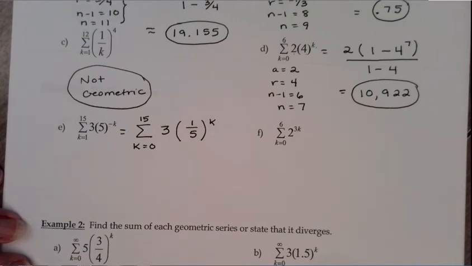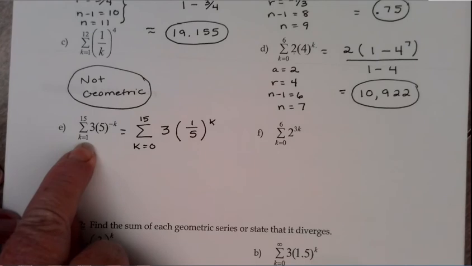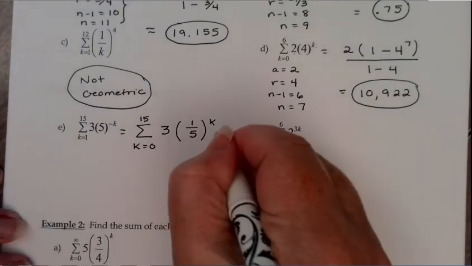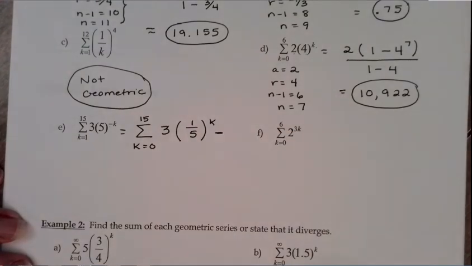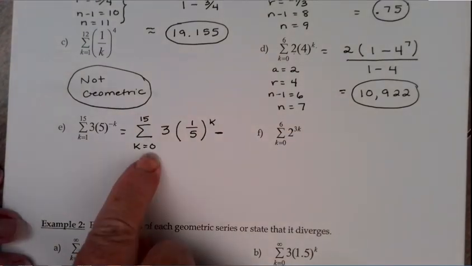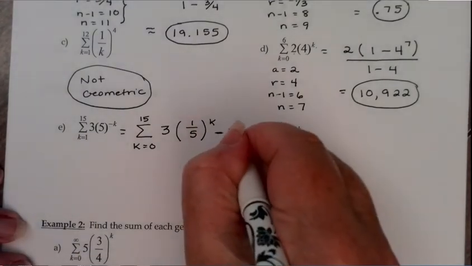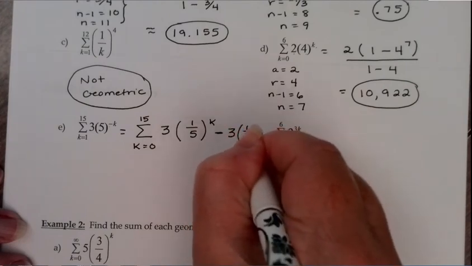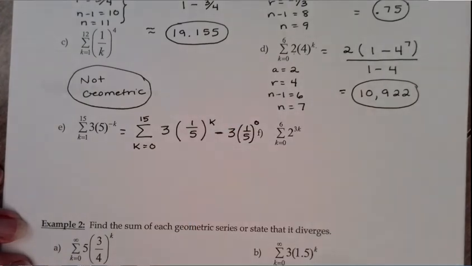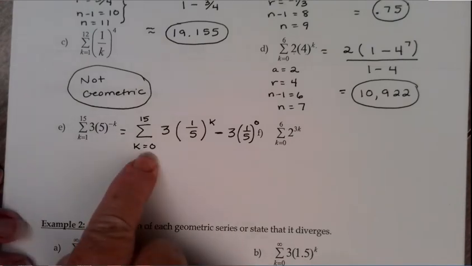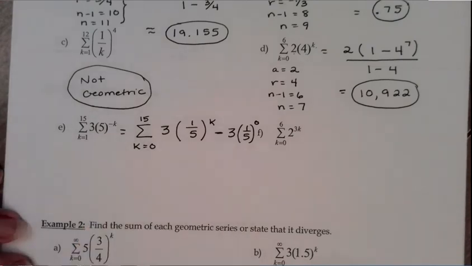But I have an extra term. I didn't really want to start at 0. I wanted to start at 1. So what I'm going to do is subtract the term with k equals 0. 3 times 1/5 to the 0 power. That's just taking out the extra term so that I really only start with k equal 1.